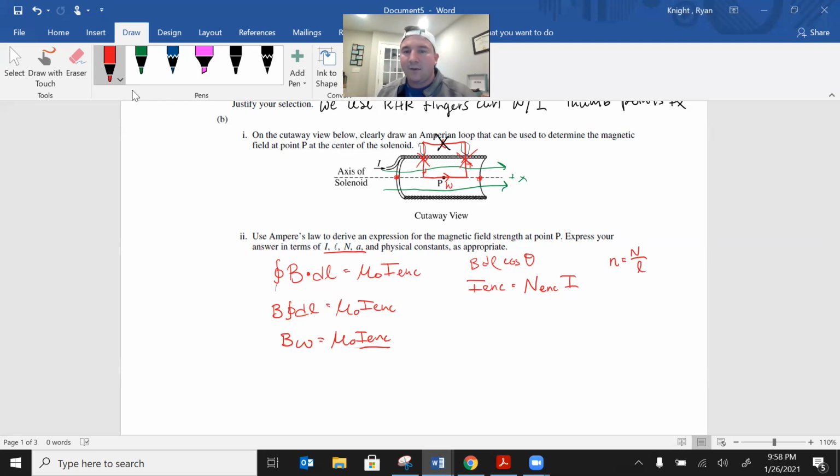So if we know the turns per length, and we multiply by the amount of length that we have, which is W, this made-up variable W, we can get the number of turns enclosed. Turn density times the length that we're using. So I enclosed is going to be equal to N over L times W times I.